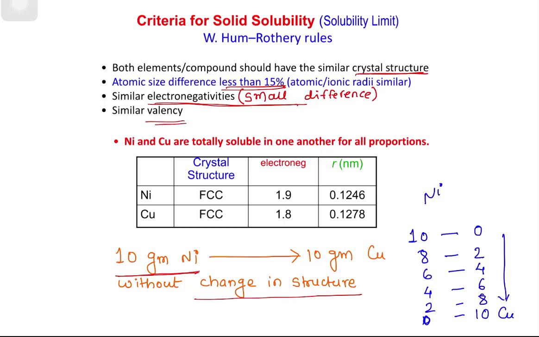Or you can see here, for 10 grams nickel I will add 0 gram copper, 8 gram nickel 2 gram copper, and so on, down to 0 gram nickel and 10 gram copper. So I can transform the mixture from 10 gram nickel to 10 gram copper. If this happens without any structural change, that we can call solid solutions.